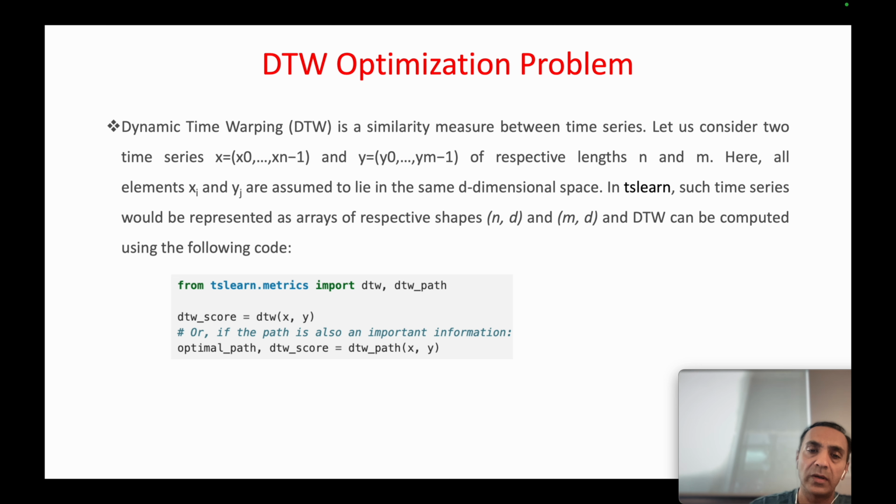And under the hood, the way the algorithm works is what I have been showing you in the previous slides, the mathematical formulation. But it's good to understand how it works, so you know what is happening. But you can very easily calculate these things by using these packages in Python.